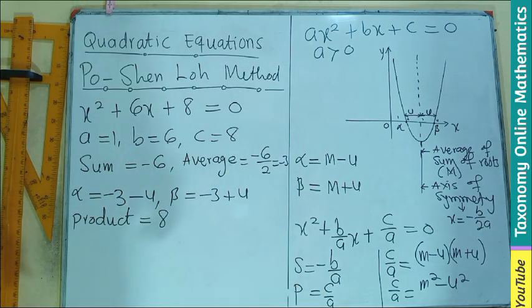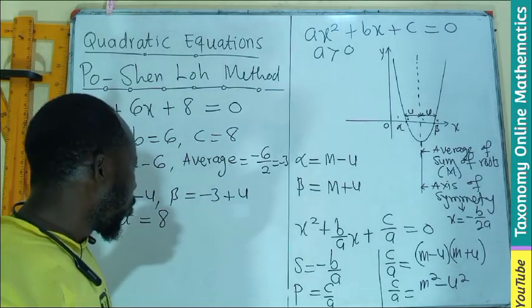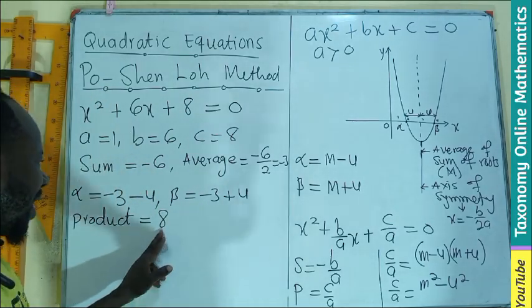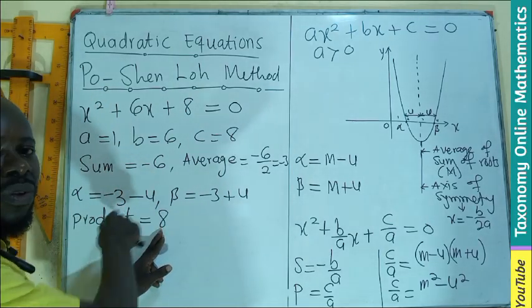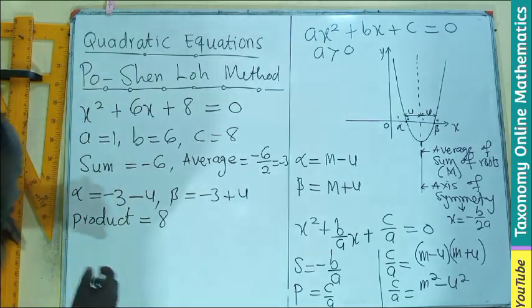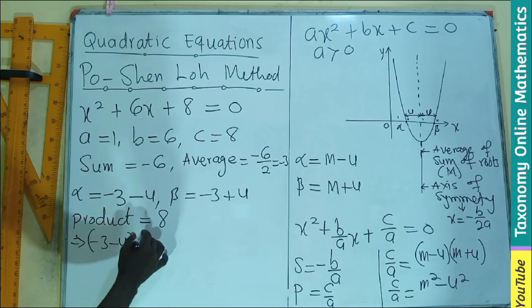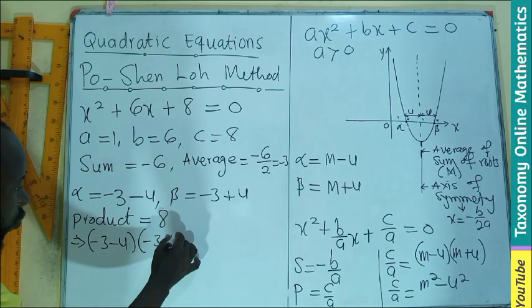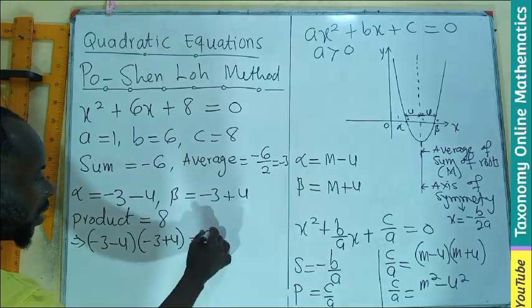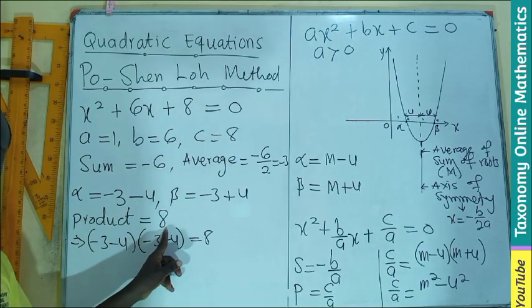8. Are we there? This product of root we are having is also the same as the product of alpha and beta. So this implies that minus 3 minus u times minus 3 plus u equals to what? 8. Product of root is 8.